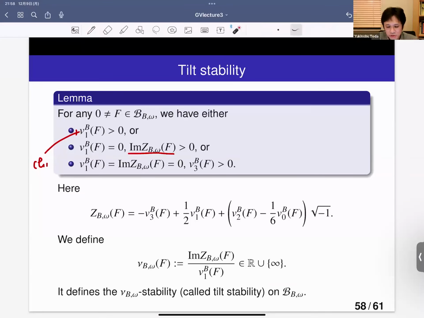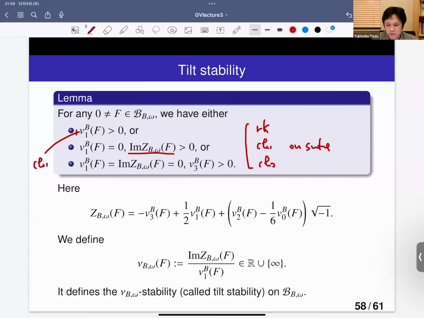So the point of this construction is that after tilting, we have these conditions. Either this vector is positive, or this one is 0 and the imaginary part is positive, or this is 0 but this one is negative, it's positive. So this means that this three-vector looks similar to the rank, first Chern class and second Chern class on surfaces.